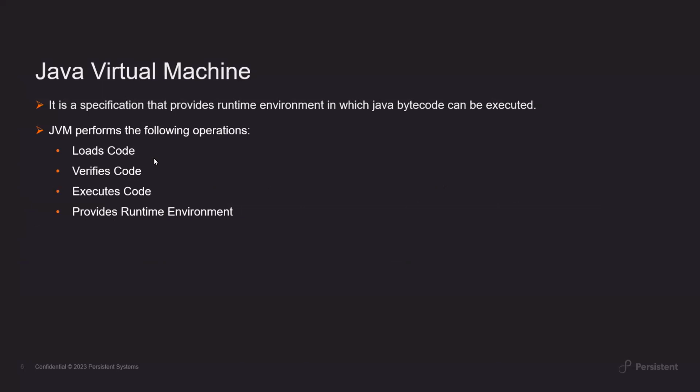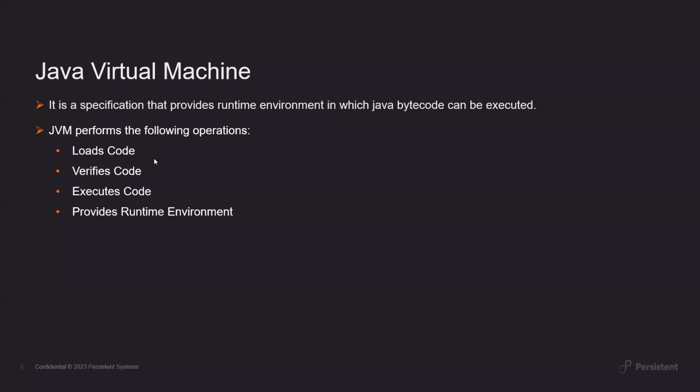And lastly, the Java Virtual Machine. The Java Virtual Machine, also called JVM, is an abstract machine. It is a specification that provides a runtime environment in which Java bytecode can be executed. So the previous JRE will interpret the Java code which we have written and create a bytecode, and this JVM will run the bytecode, execute it, convert it to machine code, and then give the desired output.